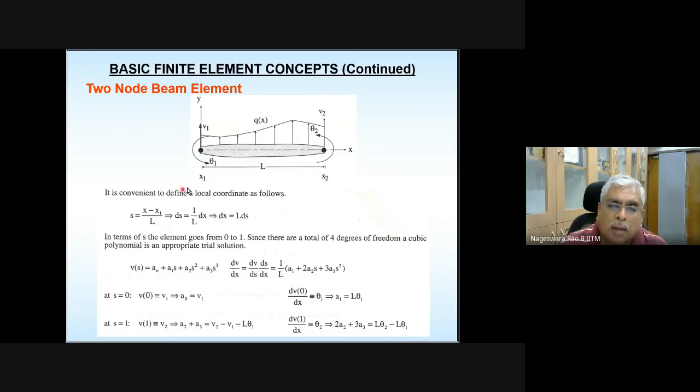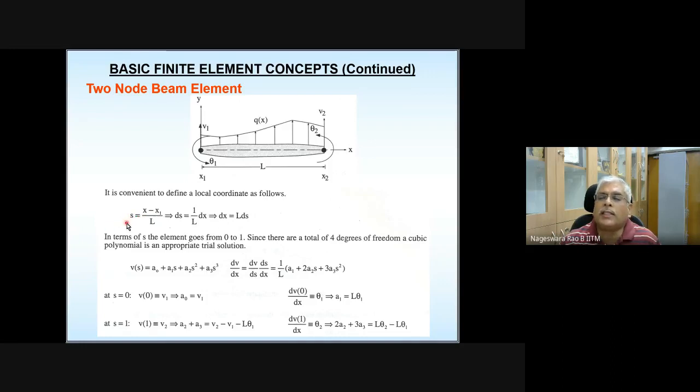The same procedure you can apply for this beam element as well to get this relation. The only thing is, wherever y is there, replace that with s. Wherever y1 is there, you replace with 0. Wherever y2 is there, replace with 1. And if you do that, you get this relation.